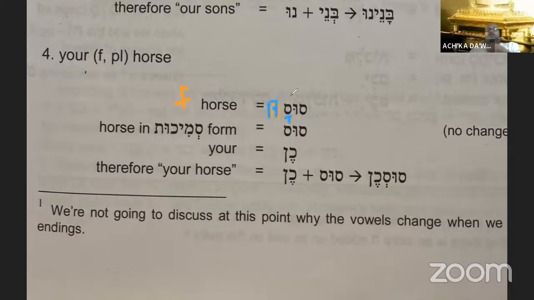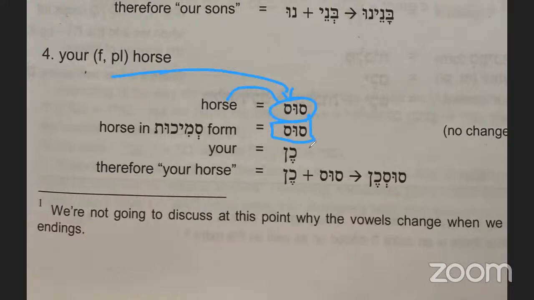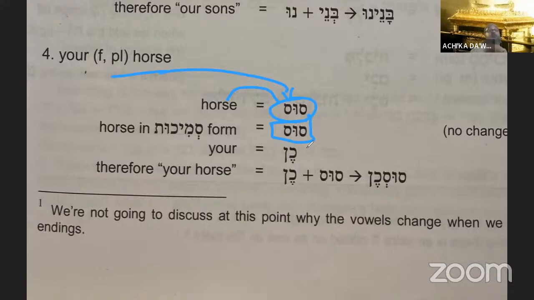Okay. Period. Now, the reason why they're giving us this example with this particular horse is because a horse is called a soos, and a soos doesn't have a hay on it, does it? No. Does it have an "em" on it? No. So it doesn't say horses for masculine, and it doesn't say sot for female horses. Because it doesn't have any endings on it, this noun right here doesn't have an ending.